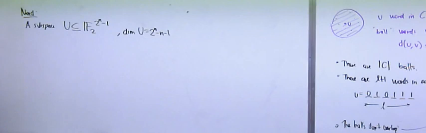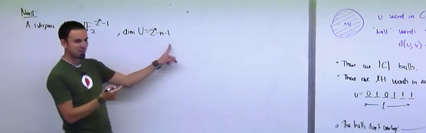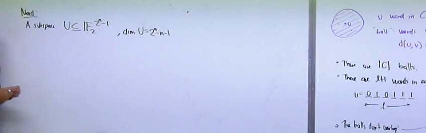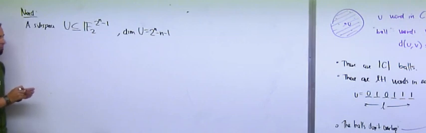Well, I don't know. Do any of you have a favorite subspace of this dimension? It's not so clear what you should do. But remember that we learned a tool last time of how to build one code from another one.